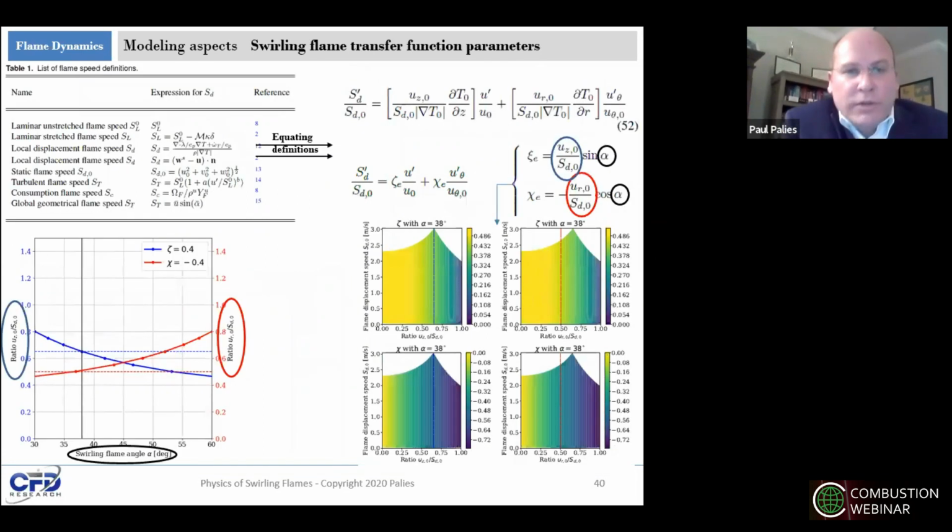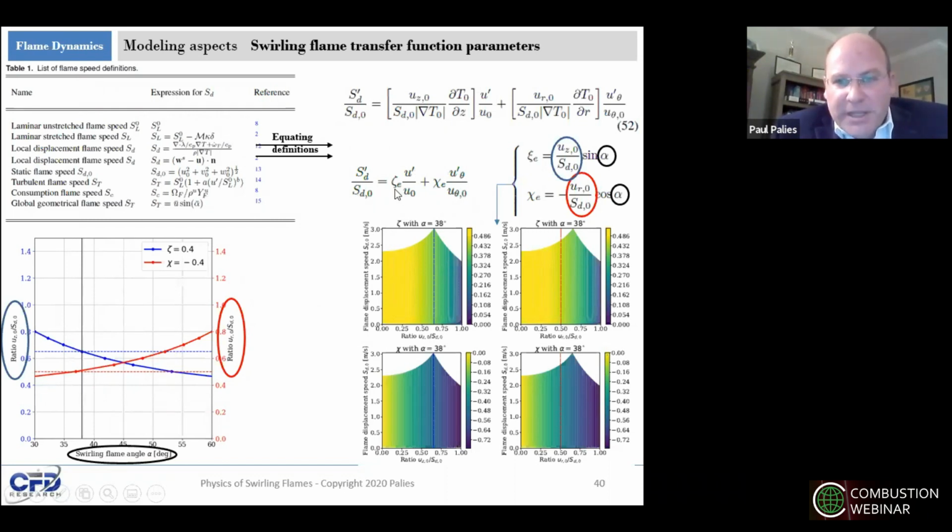So now I will go into a recent work on determining the expression of two coefficients that are in the flame speed expression. I've talked before on this flame speed expression that depends on the ratio of axial velocity and azimuthal velocity fluctuation.